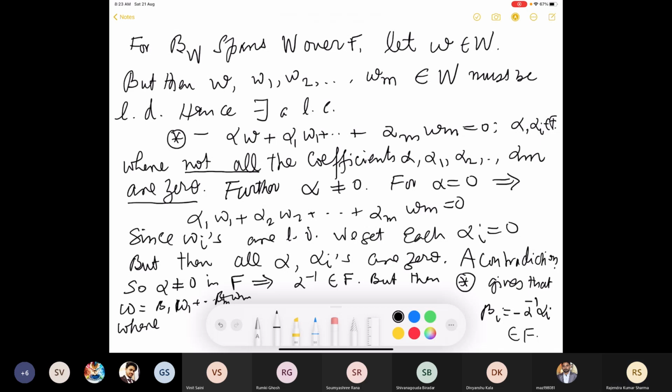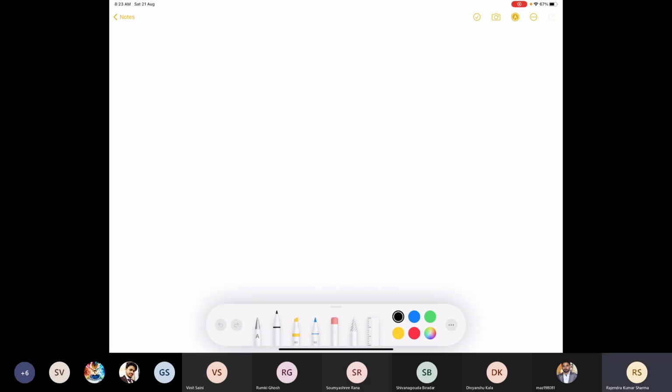Hence, BW is a basis. So we have obtained a basis BW having m number of elements, and m is less than or equal to n.